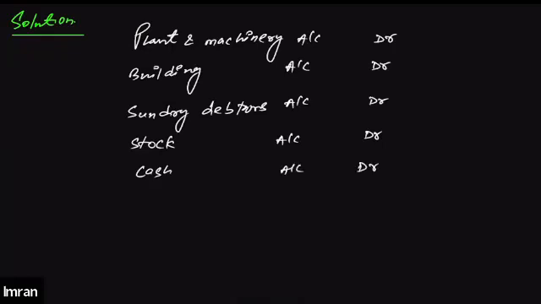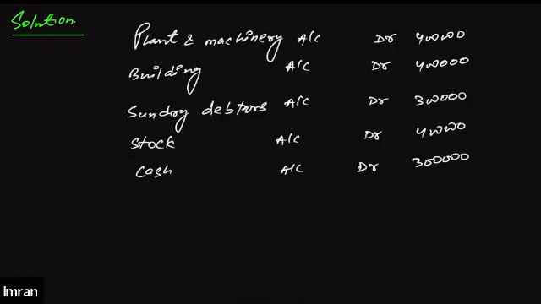All right, and these were taken over at the value of 4 lakh. Then building also taken over at 4 lakh. Sundry debtor taken over at a value of 3 lakh, then 4 lakh and 3 lakhs.